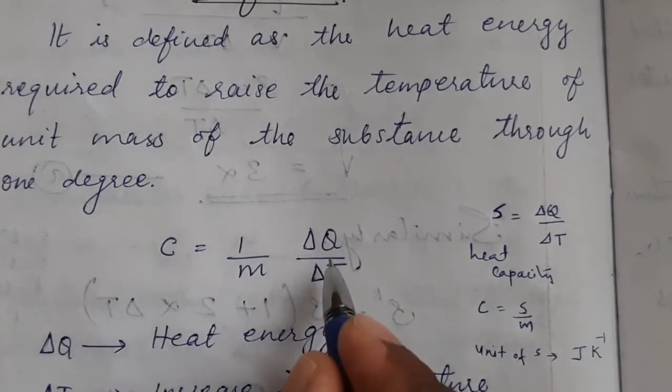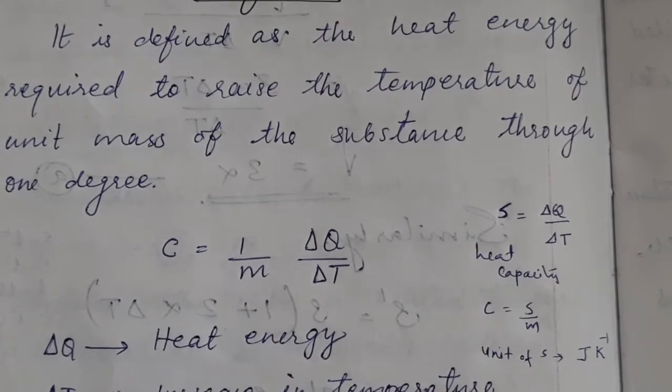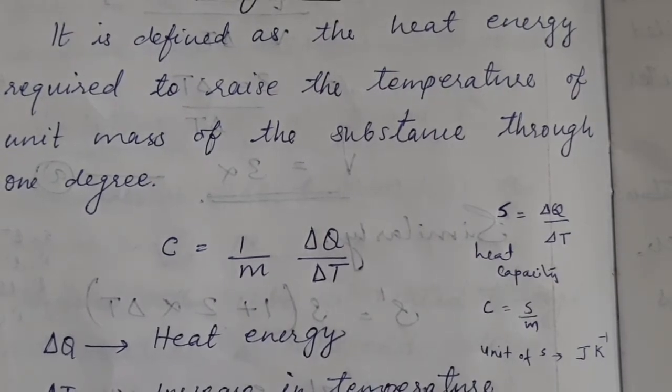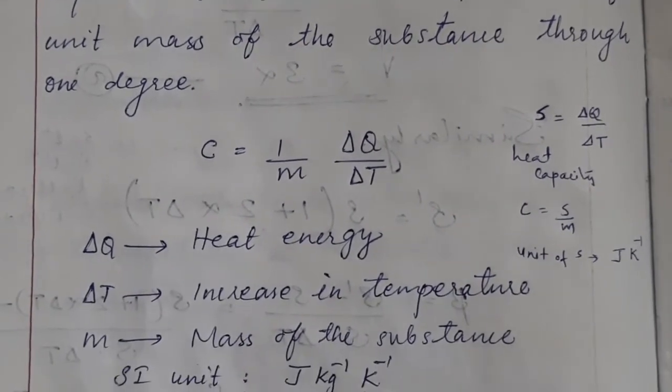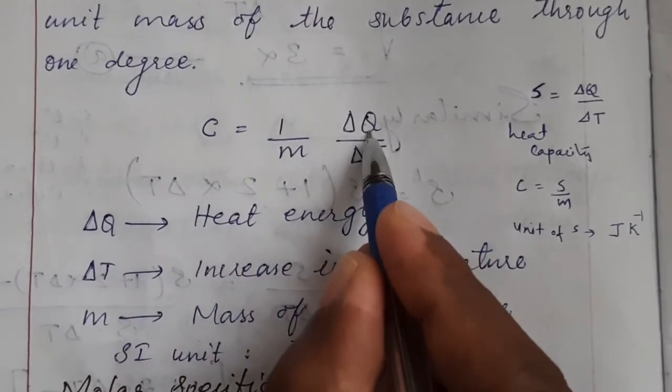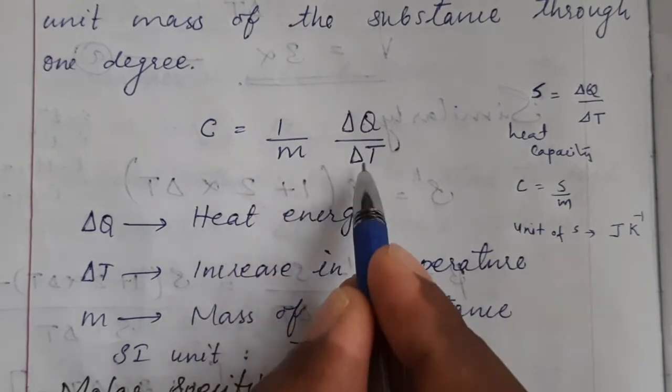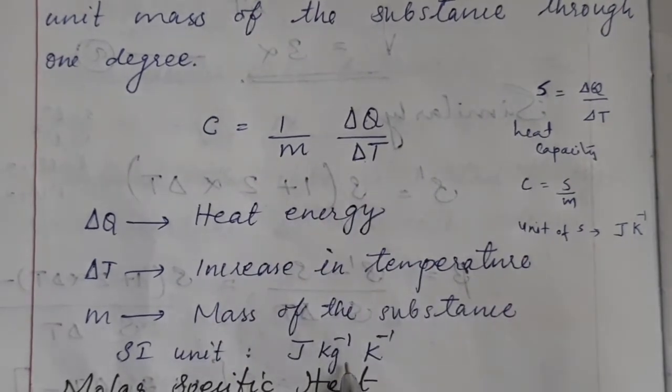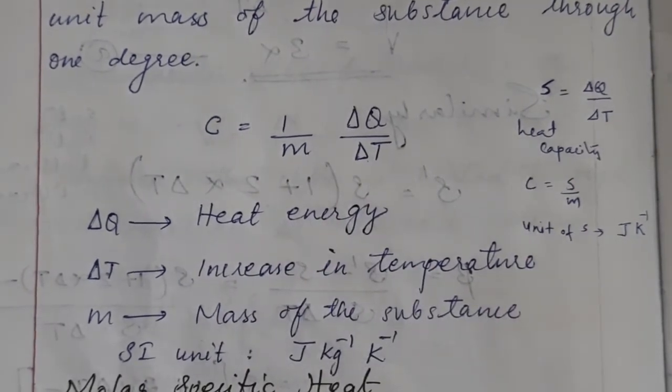In the case of specific heat capacity C, its unit will be joule divided by kilogram Kelvin. So that's joule per kilogram per Kelvin.